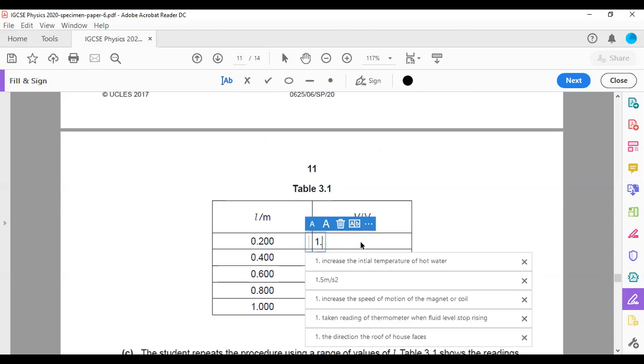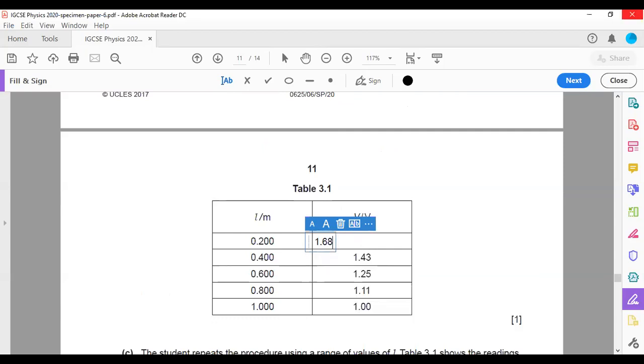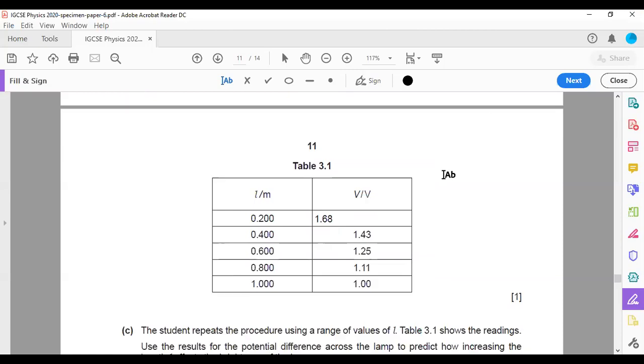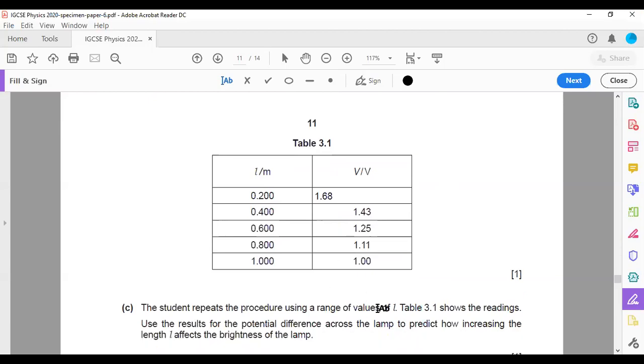Again, it's 1.68. So at 0.2 you get 1.68, at 0.4 you get 1.43, at 0.6 you get 1.25, at 0.8 you get 1.11, and at 1 you get 1.